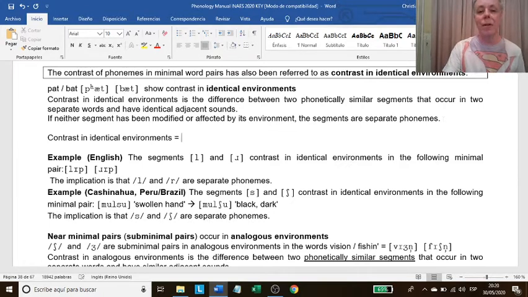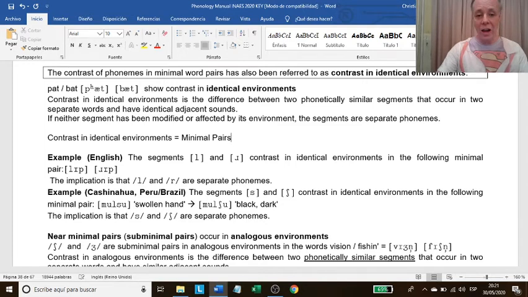Who can tell me what am I referring to? Yes, you are right. It refers to minimal pairs. Minimal pairs are two words that differ in only one phoneme. That is contrast in identical environments.